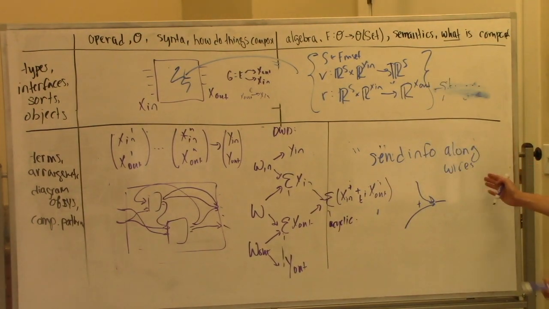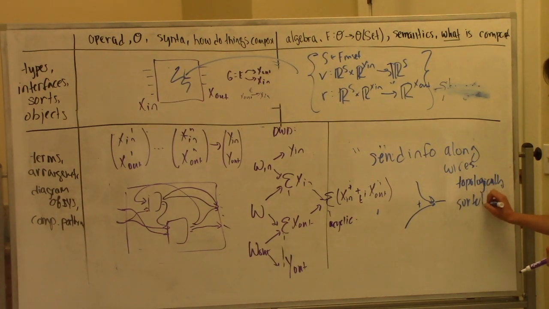And again, we're going to send the information on wires, but we need to do that in the topologically sorted order. Now I'm lost. OK, yeah. What is the topological sorted order and why?